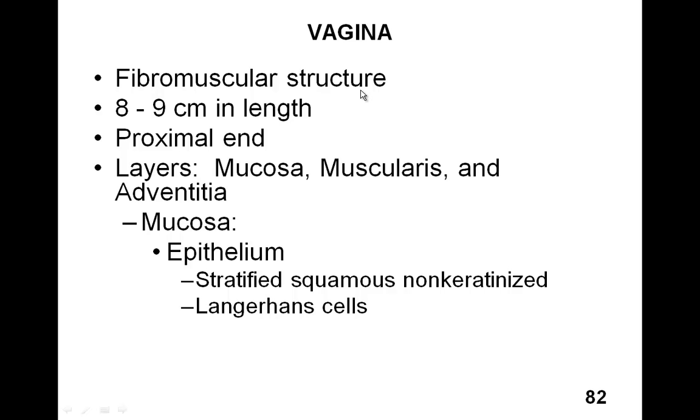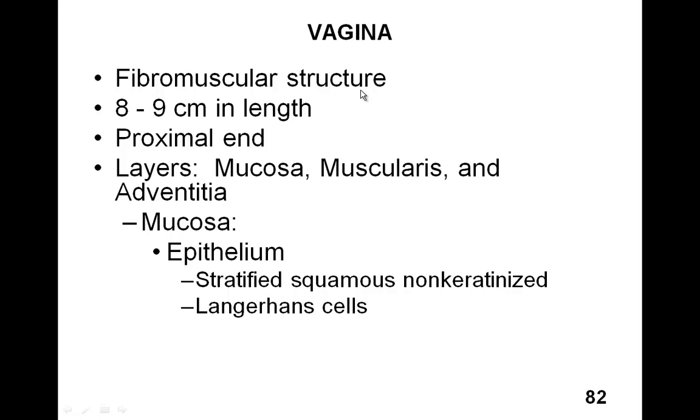And then the last structure associated with the female reproductive tract that we'll consider is the vagina. The vagina serves as the birth canal and also as the receptacle for the penis. I don't care that you know the length of the vagina. If we're looking at the proximal region of the vagina, we're going to find three different layers. Once again, a mucosa, a muscle layer that we always just refer to as a muscularis, and then an adventitia.